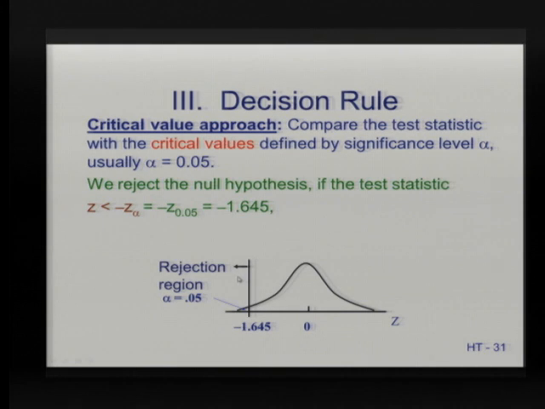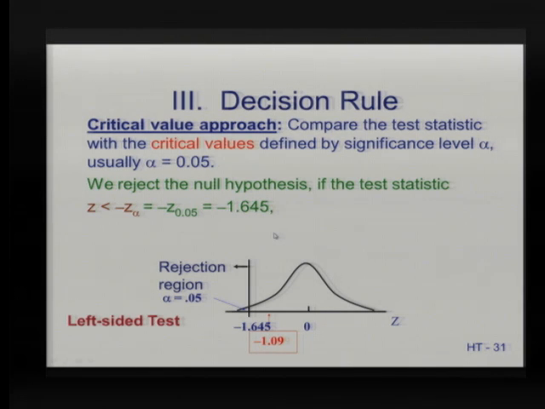If you have a Z statistic that is less than negative 1.645, you will reject the null hypothesis, with the rejection region on this tail. This is why it's called a left-sided test: the decision criteria is set on the left side. Now, the evidence, negative 1.09, is not as extreme. It's not in the rejection region, so we fail to reject the null hypothesis. That's how you do it with the critical value approach.